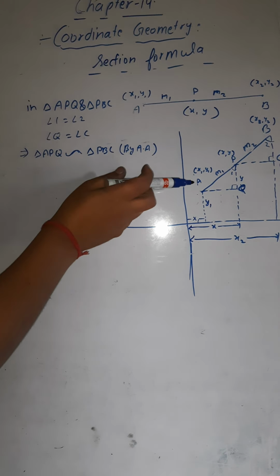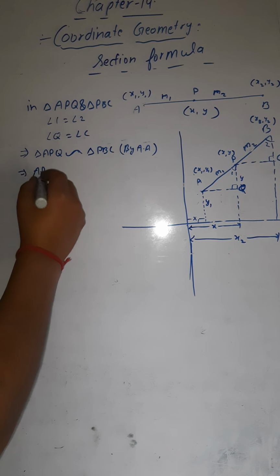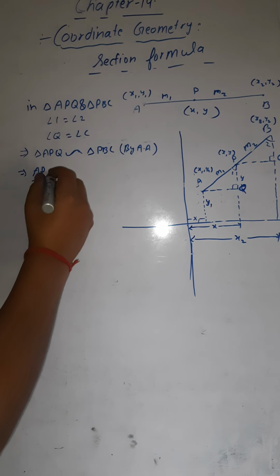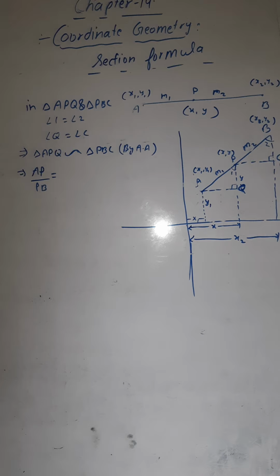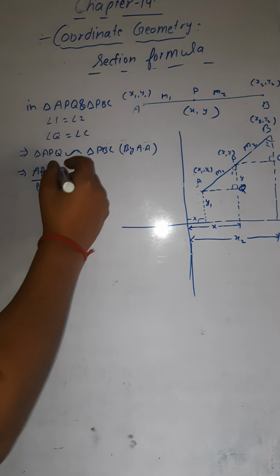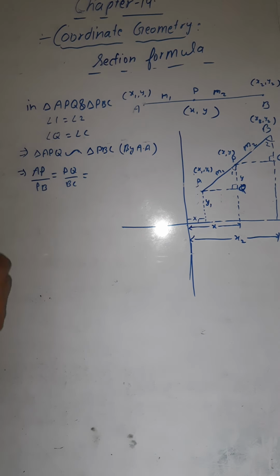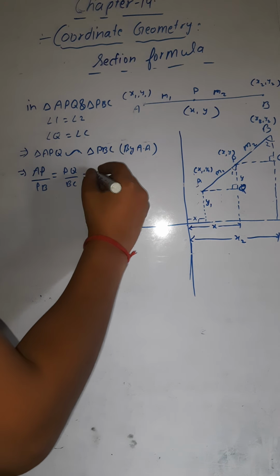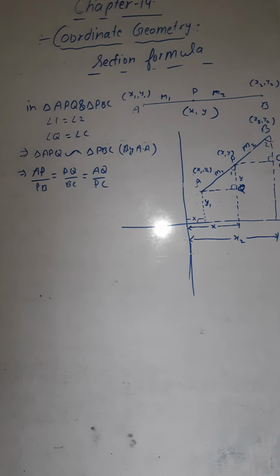So here you can say AP by PB would be equal to PQ by BC, corresponding sides, and again it would be equal to AQ by PC. Are you getting this? Very good.